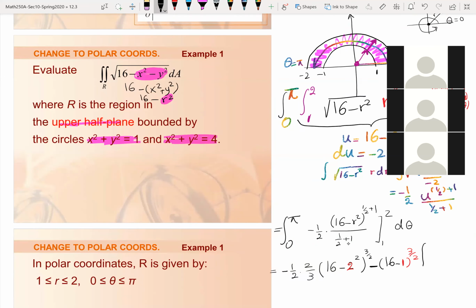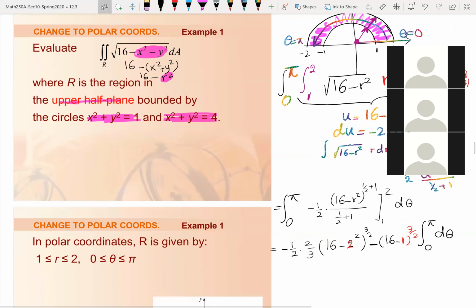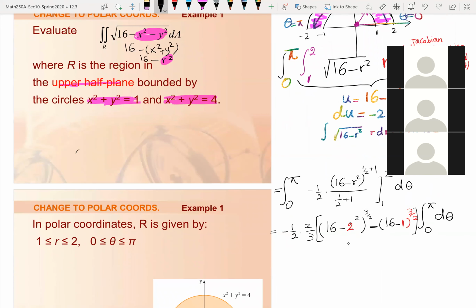So the only thing left is just one integration in terms of theta, which is actually a constant, okay? Let's say I have the integration from a to b of nothing, right? That's just really the end point minus the start point, right? So this is really the same thing right over here, because that just means theta, and then you plug in from 0 to pi, and that gives you exactly pi.